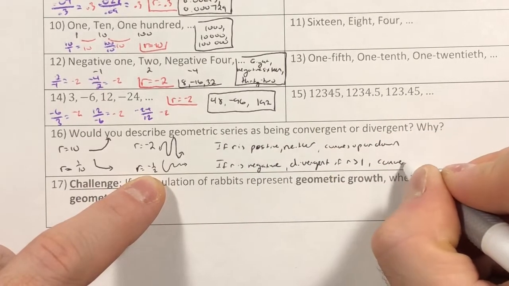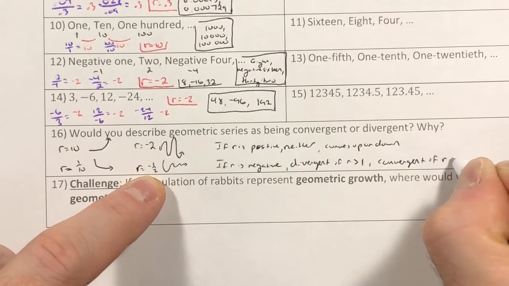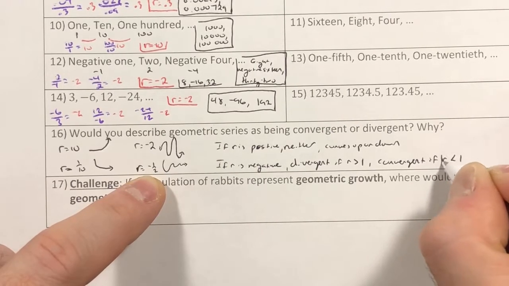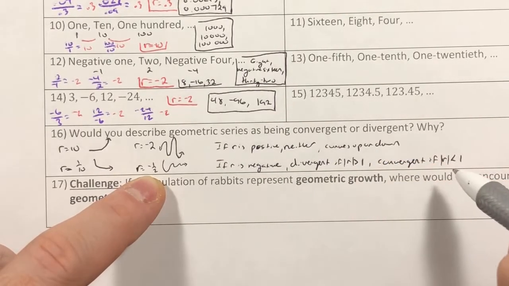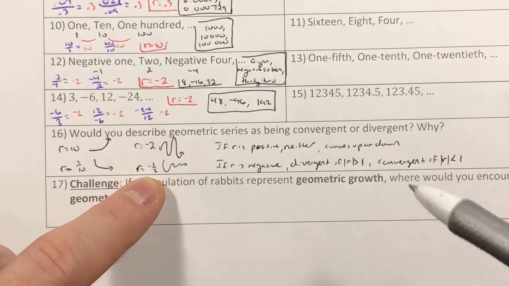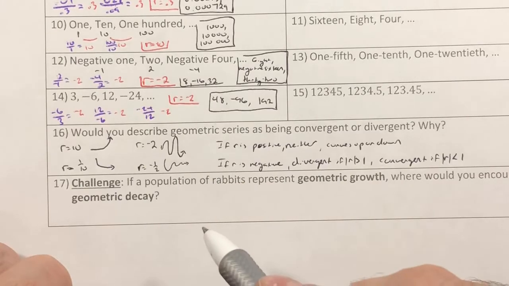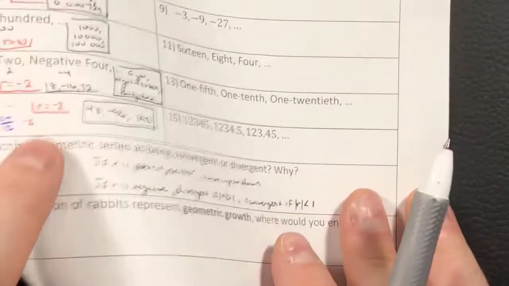So convergent if r is small. So r is less than 1. And I'm going to put absolute value brackets around r because, again, we don't want to say it's between 0 and 1. This just will imply the absolute value of r must be less than 1. There we go. And why? Well, we've got a nice little visual aid of what's going on over here.